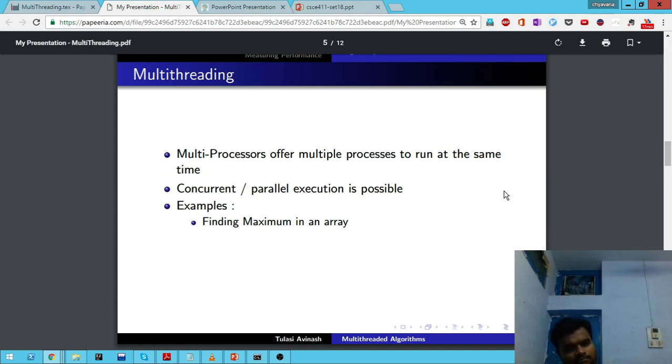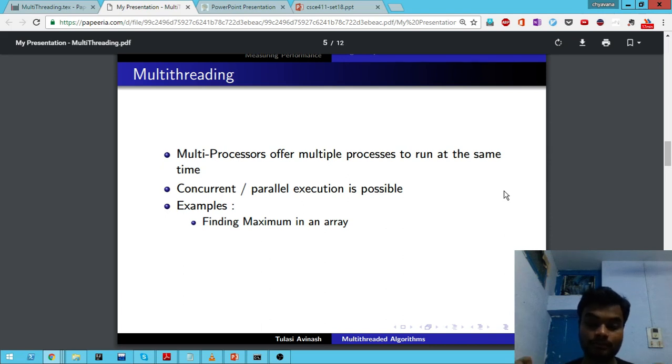The thing is, as long as you can convert a problem into dynamic programming or divide and conquer, yes, divide and conquer, that is, as long as we can divide a particular problem into a number of sub-problems and get the result out of solving these sub-problems, we can basically do it with multi-threading.